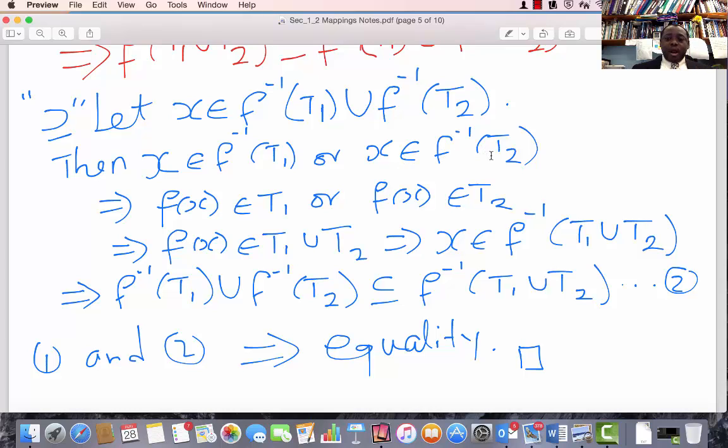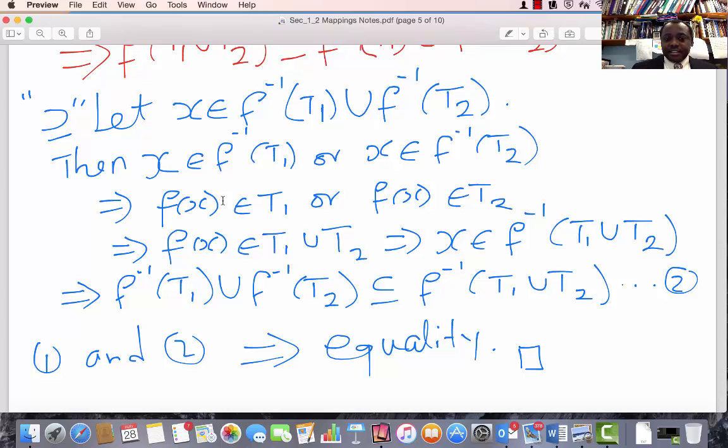Now I have them apart, and I can use the idea that the inverse of f exists, and I can move my f inverse over. So x an element of f inverse of T1. What does that mean? f inverse moves over, it becomes f. So that means f of x is an element of T1, or f of x is an element of T2.